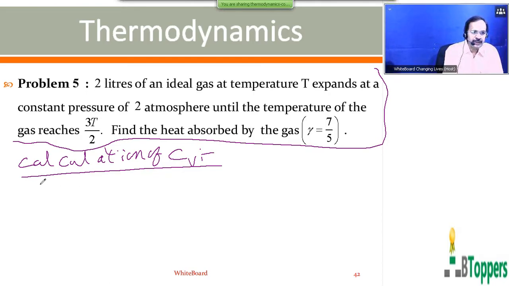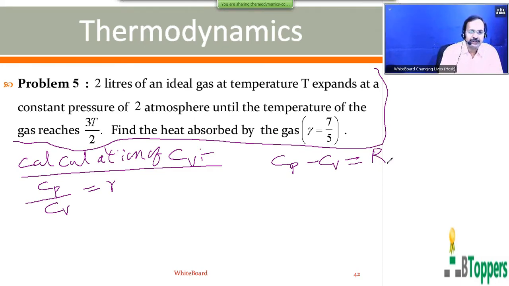The ratio of the molar specific heat at constant pressure and molar specific heat at constant volume of a gas is denoted by gamma. The difference in the molar specific heat at constant pressure and molar specific heat at constant volume of any gas is the same, which is equal to the universal gas constant, which is positive.